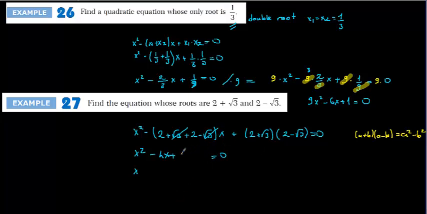Instead of a, it's going to be 2 squared, and instead of b, root 3 squared, which is equal to x squared minus 4x plus 4 minus 3 is equal to 0, or x squared minus 4x plus 1 is equal to 0.